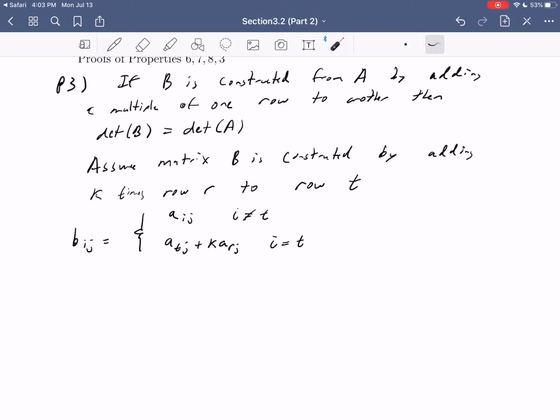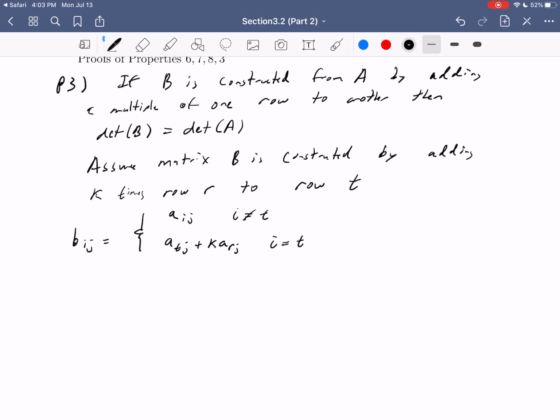So if you use that elementary row operation of the third type, every other row stays the same, but in that teeth row, where you added k times row r, you have what was originally there plus k times the elements from that rth row.